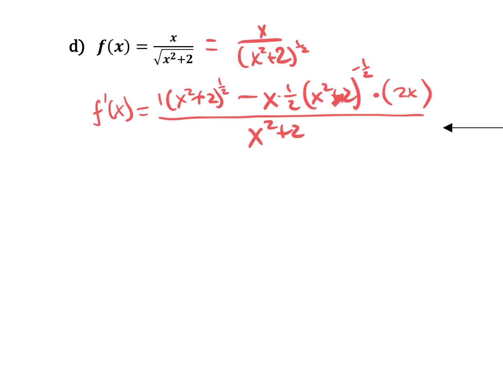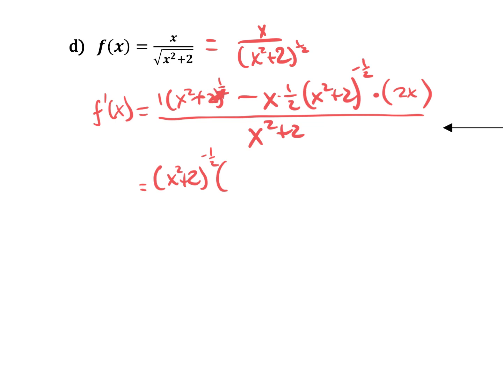Let's factor that out, and we want to take out the smallest exponents. So that smallest exponent is negative 1/2. So we're going to factor out x squared plus 2 to the negative 1/2. I'm sorry, let's back up. We need a little bit more than 1.